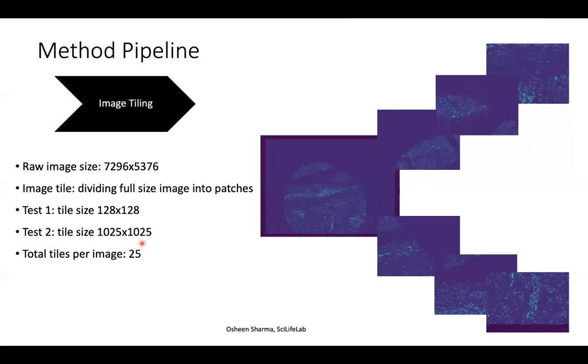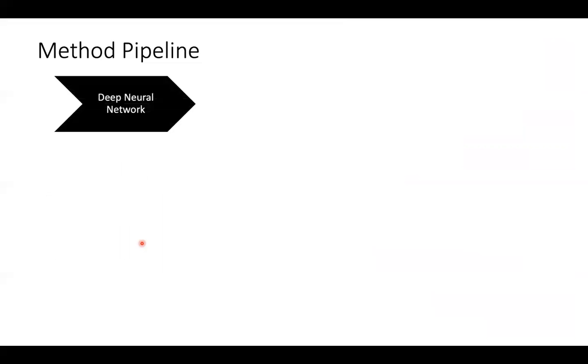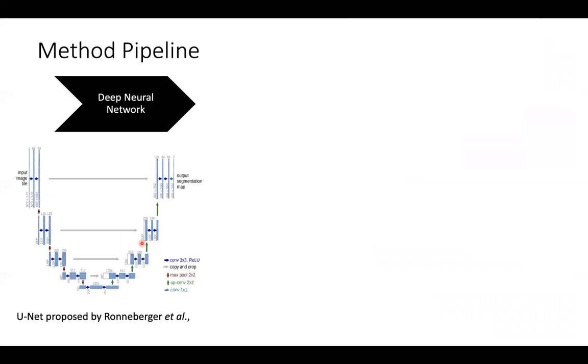Once all the pre-processing of the images was done, the third step was to decide on which neural network to train. To begin with, the first choice was UNet, as it's easy to train and implement in Keras and has fast computational capability, and it also performs great in biomedical image segmentation tasks.